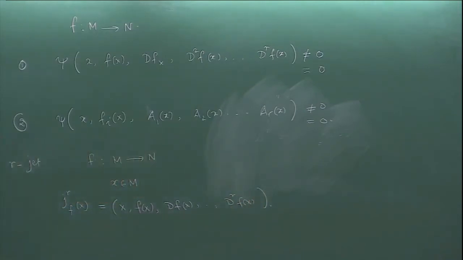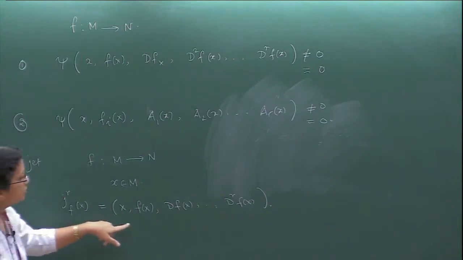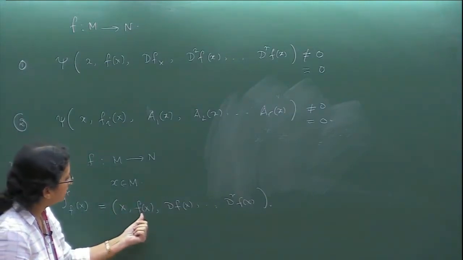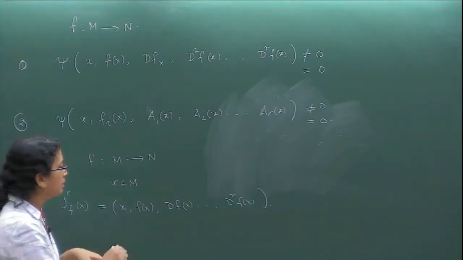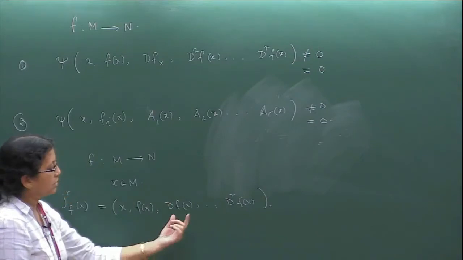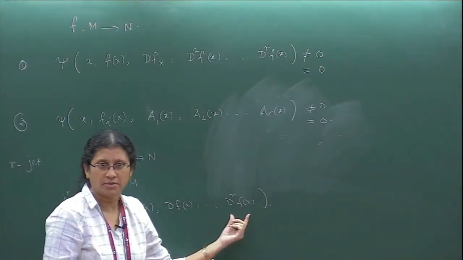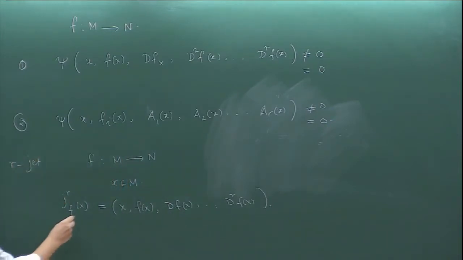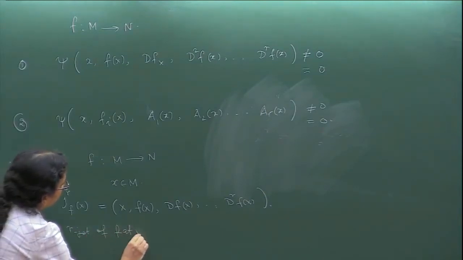So basically if you look at it at the R^m to R level, then this is the coefficients of the Taylor polynomial. Look at this. This is a value taken in R. df_x is a section of a certain bundle but just defined at one point. So this is a bilinear map. This is an r-multilinear symmetric map and so on. So this will be called the r-jet of f at x.